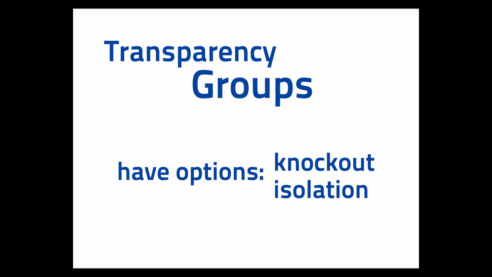So the isolation parameter was set to true. And that means when you start working in the group, so compositing the group objects, you start doing that with a completely transparent surface. And that's what I've shown you.